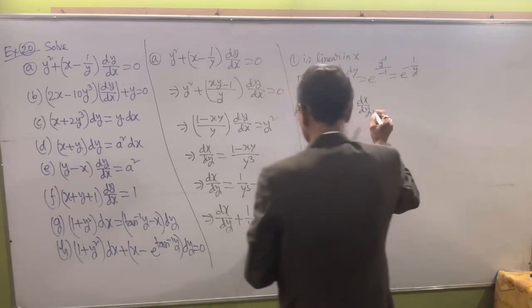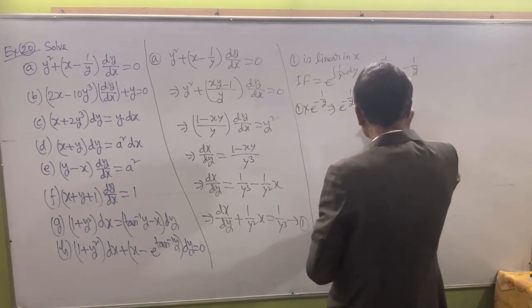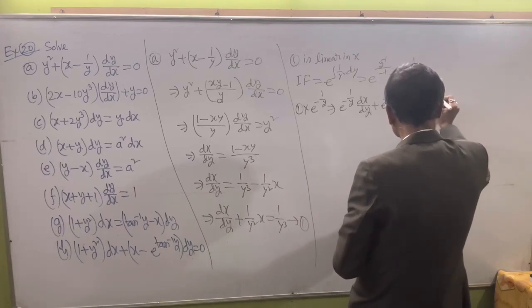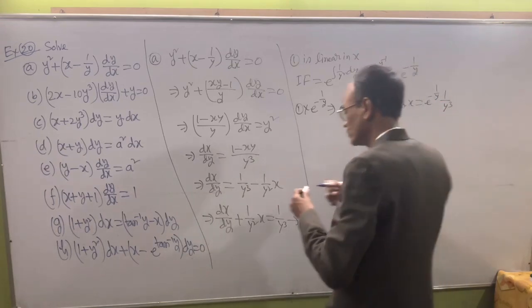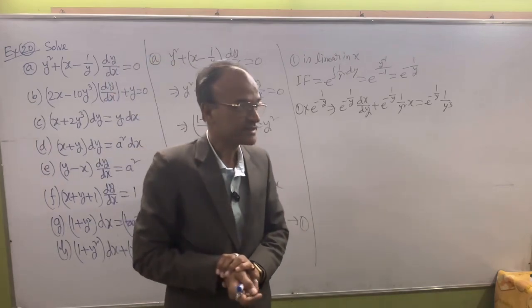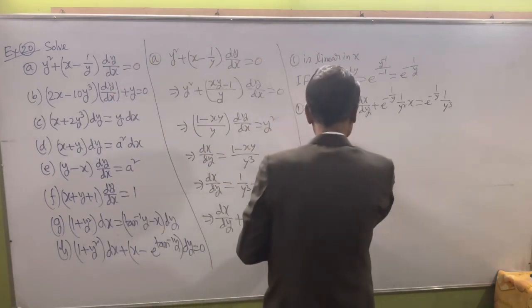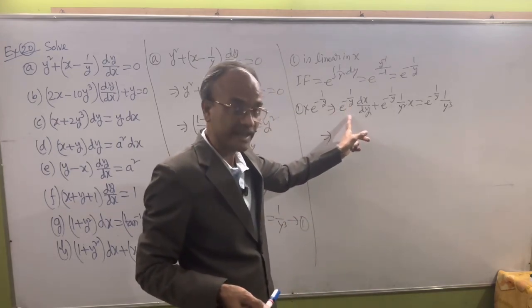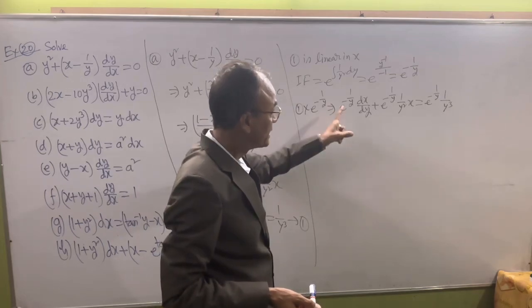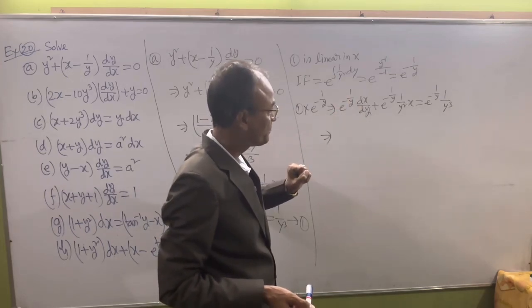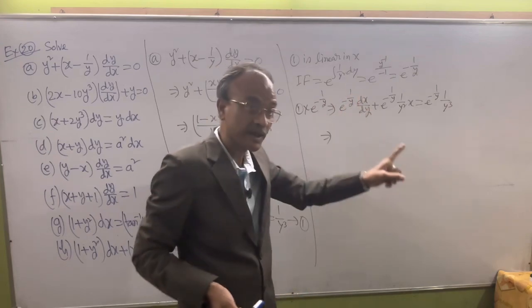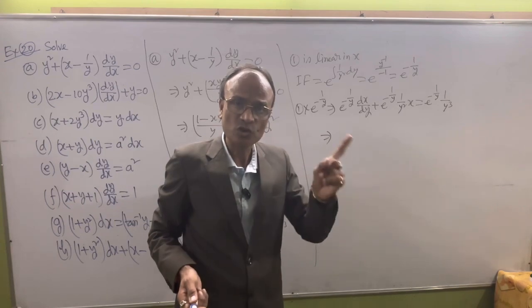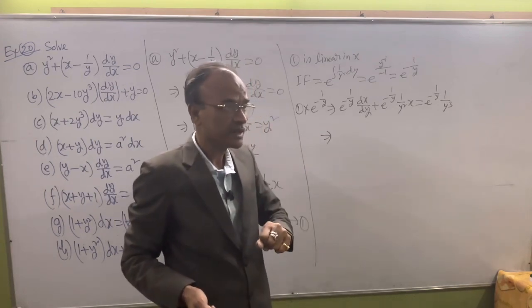Therefore, multiplying by e to the power minus 1 by y: e to the power minus 1 by y dx by dy plus e to the power minus 1 by y 1 by y square x equals e to the power minus 1 by y 1 by y cube. Now if you differentiate e to the power minus 1 by y with respect to y, you will get e to the power minus 1 by y into differentiation of minus 1 by y, which means minus of minus 1 y to the power minus 2, means 1 by y square.